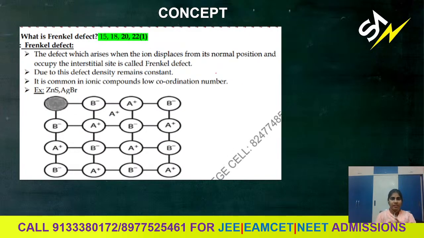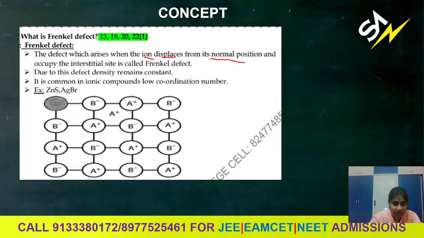And next, about Frenkel defect. This Frenkel defect is entirely different from the Schottky defect. In the Schottky defect, an equal number of cations and anions will be lost. The Frenkel defect is when an ion displaces from its normal position.